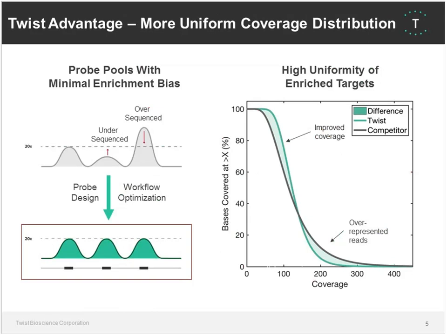By staying on the plateau longer in the upper left, you see improved coverage. The quicker you fall off the plateau to zero, the greater the reduction of overrepresented reads. So when you compare the green coverage distribution line, which is Twist, to the gray of the competitor, all the shaded regions translate to this improvement in uniformity, which results in improved and more efficient sequencing off your sequencer.